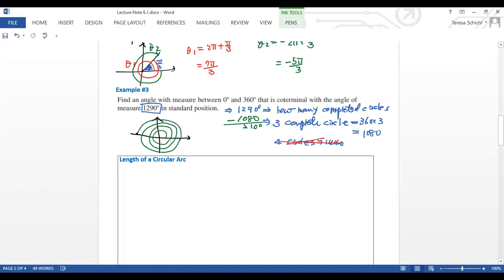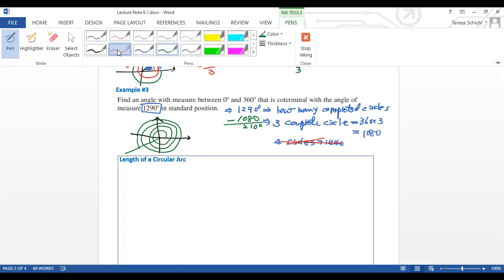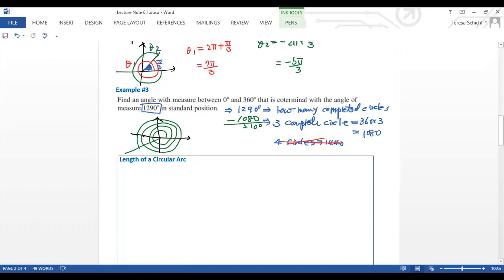So this is 180 and 210 is here. The last 210, I should have used a different color. The last 210 is here, after you go here. This part is how much is left. So this is the part. So the coterminal angle here is what?